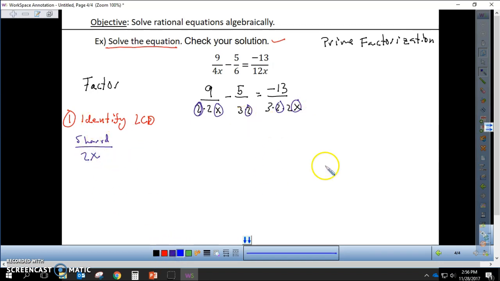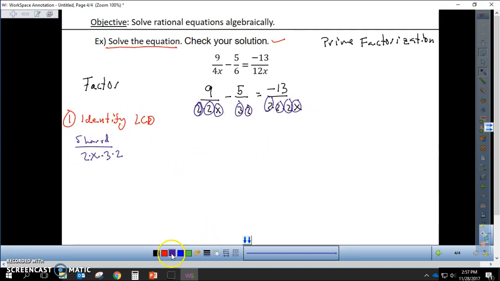We also have a 3 that is shared. And then another 2, so I have to take another 2. So this is going to be our least common denominator.